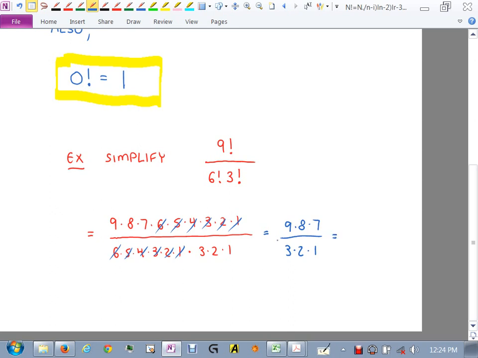But wait a minute, 9 divided by 3 is 3, times 8 divided by 2 is 4, and 7 divided by 1 is 7. So it's 12 times 7? 84.